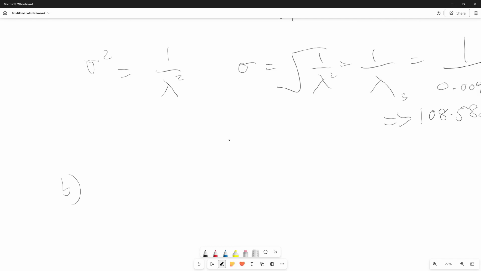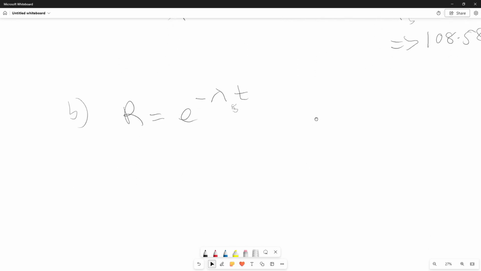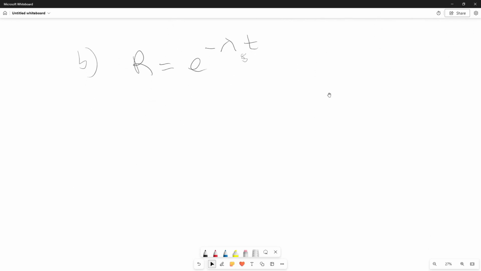The formula for reliability is R equals e to the negative lambda t. In this case, lambda for the whole system, so we can put lambda s right there. And we're looking for the time, so time t.